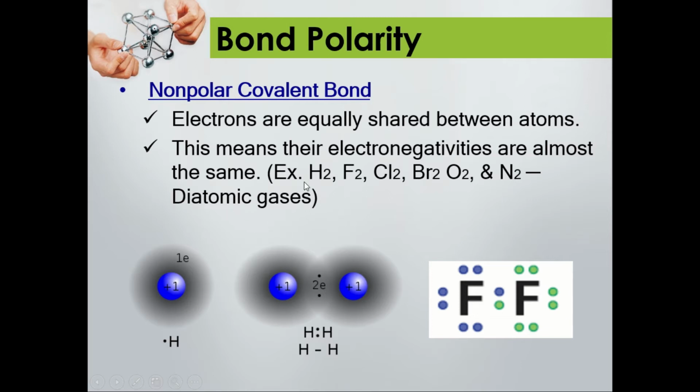As you can see, class, the elements bonded together are the same. So we have here 2 hydrogens, 2 fluorines, 2 chlorines, and so on. If we look at the structure of our diatomic gases, we have hydrogen bonded to another hydrogen. They both have the same number of electrons, only 1 electron each.